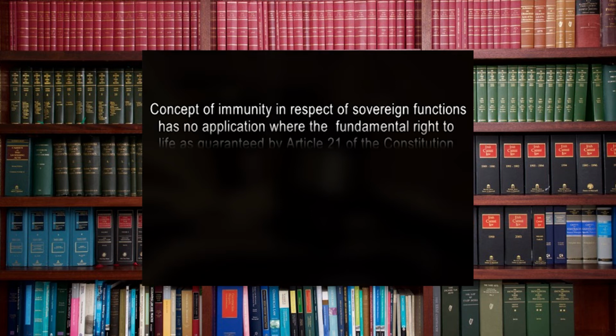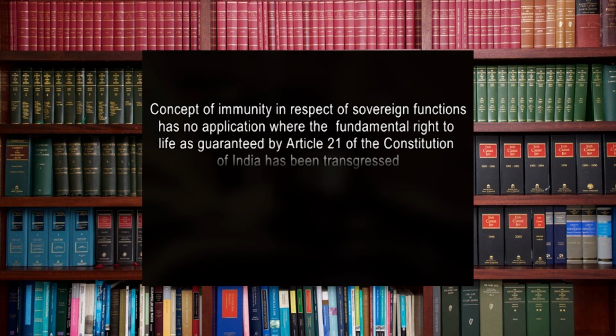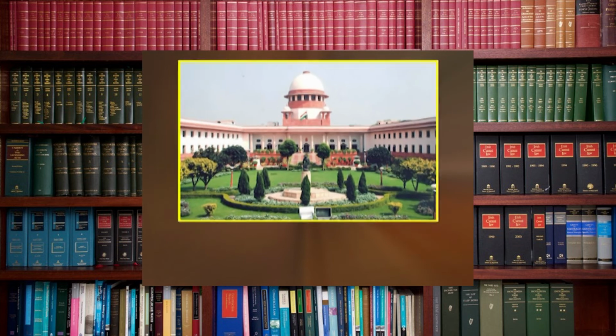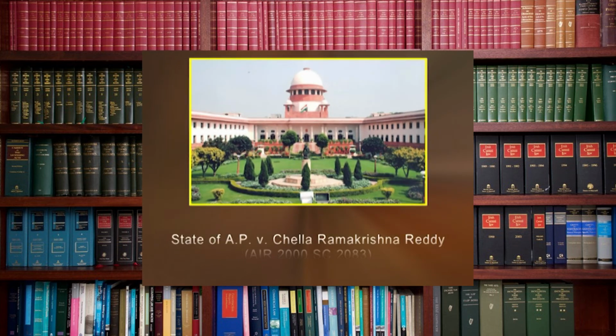Even otherwise, the concept of immunity in respect of sovereign functions has no application where the fundamental right to life as guaranteed by Article 21 of the Constitution of India has been transgressed, as held in the judgment of the High Court of Andhra Pradesh in Challa Ramkonda Reddy versus State of Andhra Pradesh, a case of 1989, which was subsequently approved by the Supreme Court in State of Andhra Pradesh versus Challa Ramakrishna Reddy in the year 2000. From the said judgment, the following points emerged.